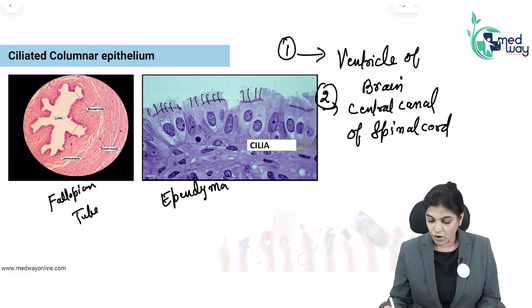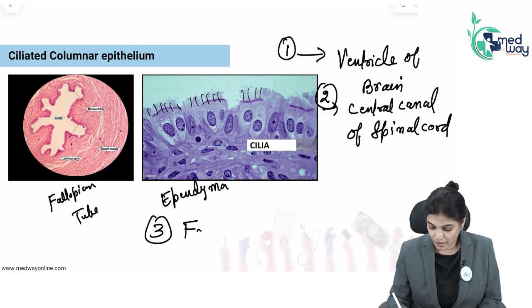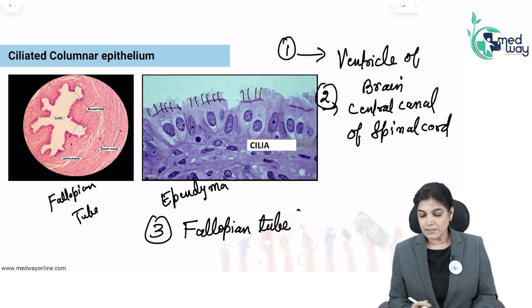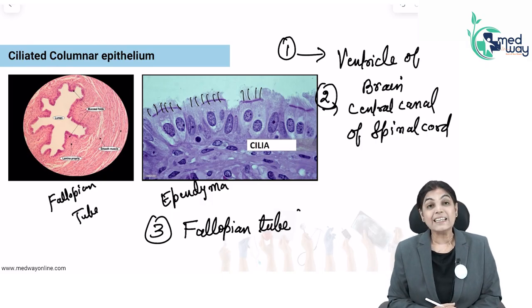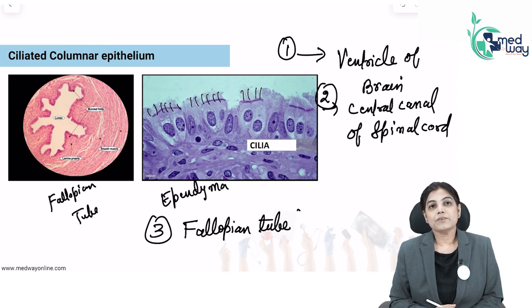Other than that, it is also present in the fallopian tube. So, we have ciliated columnar epithelium in the lining epithelium of the ventricles, of the central canal of the spinal cord, and of the fallopian tube.